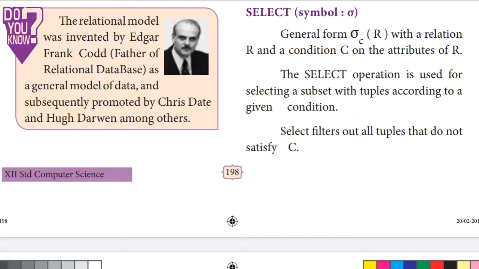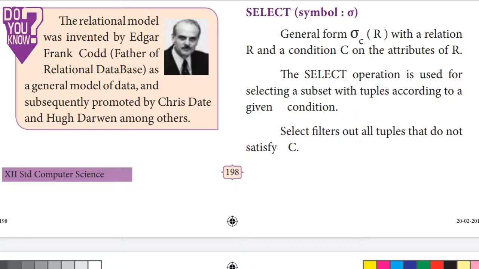R means a relation, that is the table name. C means a condition. We have attributes in the table, and each column we can call an attribute. We apply some condition on the columns, and that is what C stands for.